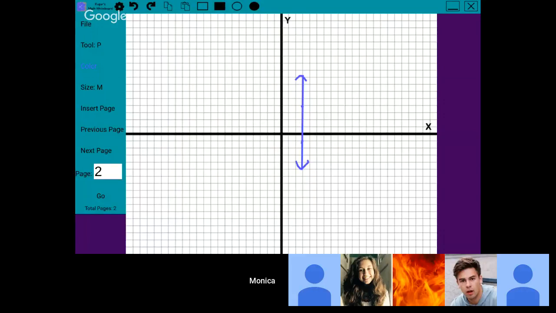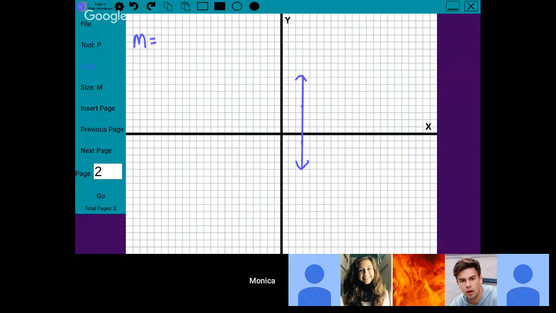So what do we know about the slope of a vertical line? Yeah, the slope of a vertical line is undefined, okay?